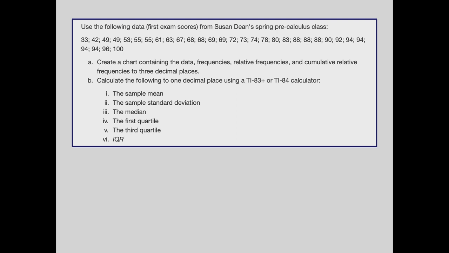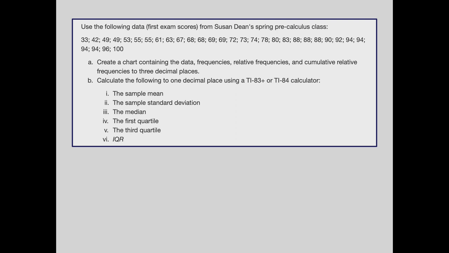You'll go 33, enter, 42, enter, 49, enter, 49, enter, 53, enter, 55, enter, 55, enter, 61, enter, and so on. You could do that for all of these scores. In fact, I think that's the best way to enter these scores because it's not like there are 8 or 10 of the same score.